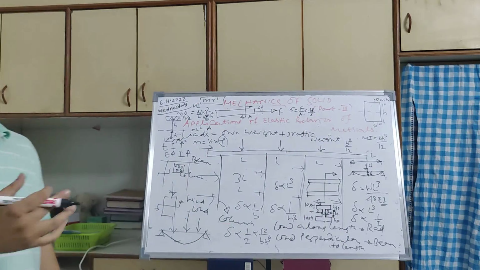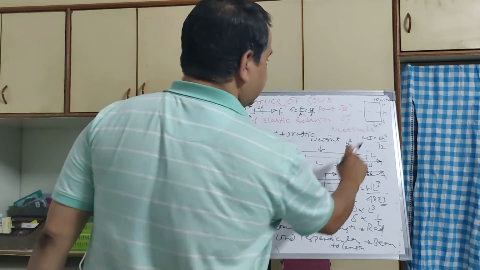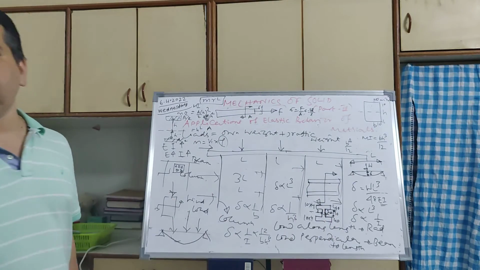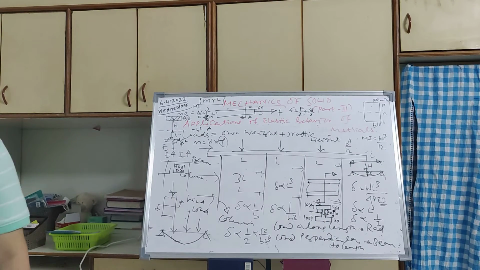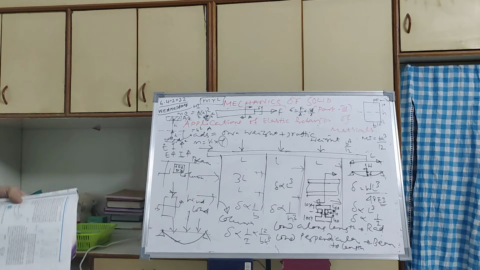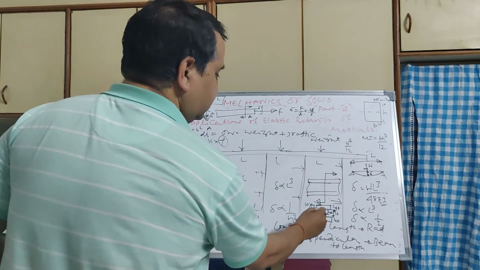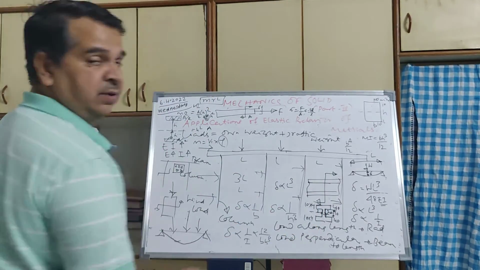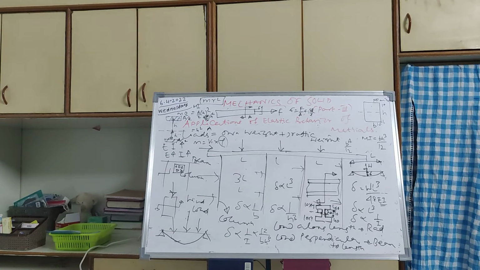Understood? So if I make it with the same 100, instead of making it a rectangle, I have made it as an I section. So what will happen here? The moment of inertia will increase, because the more you keep the area away from this axis, which is called the neutral axis, the more the moment of inertia increases.